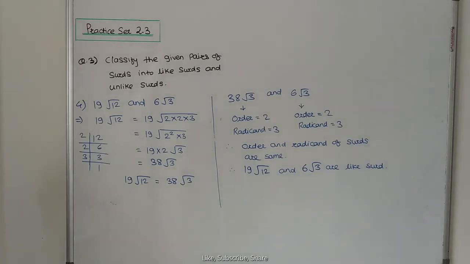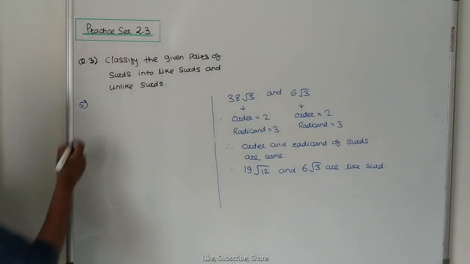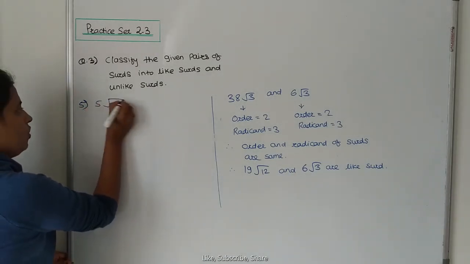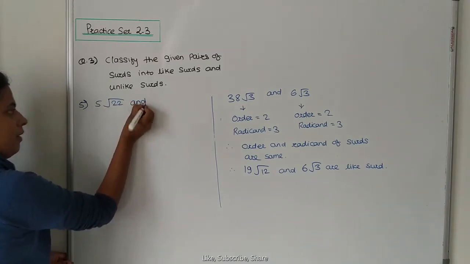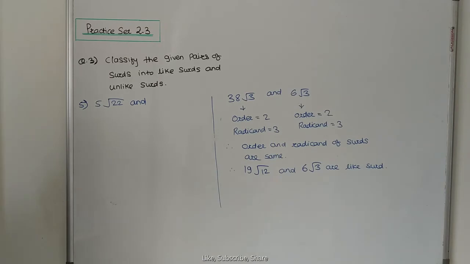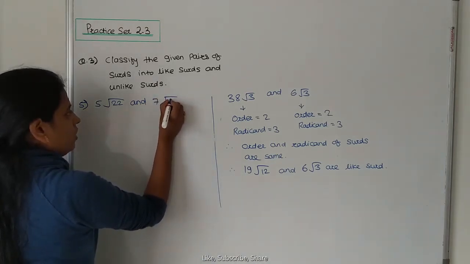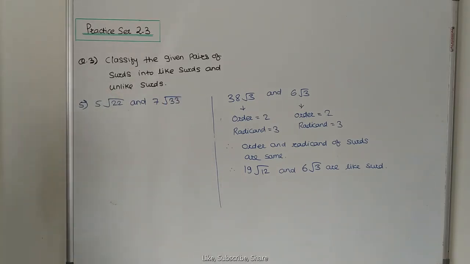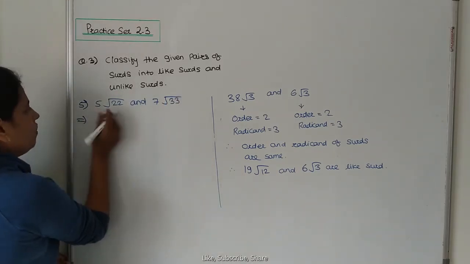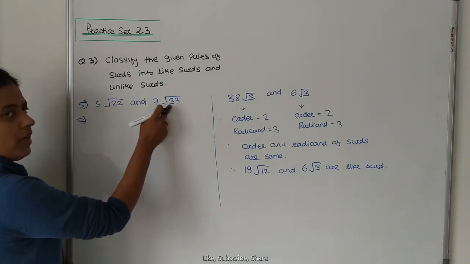Now we have to solve the fifth question. 5 root 22 and 7 root 33. Okay. So just observe here. When we multiply 2 into 11, we get 22. 3 into 11, we get 33.